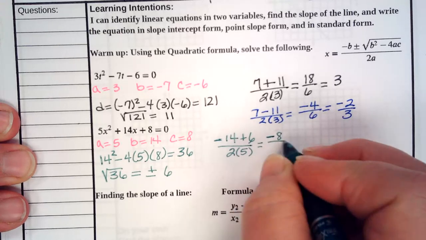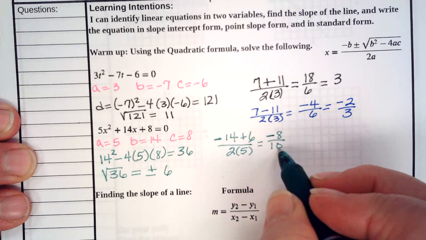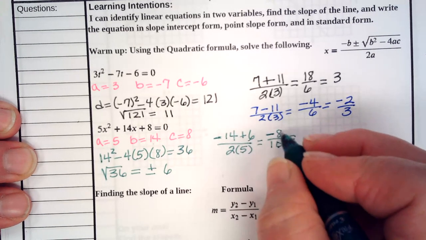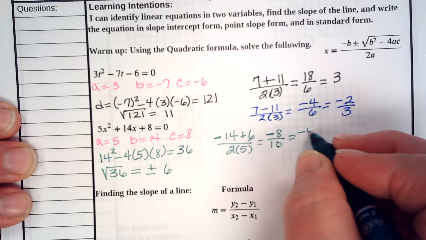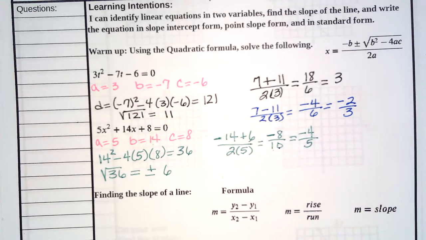Keep the negative sign on, and it's over 10. 2 times 5 is 10. Okay, simplify. They both have a factor of 2. -8 divided by 2 is -4. 10 divided by 2 is 5, and you are done.